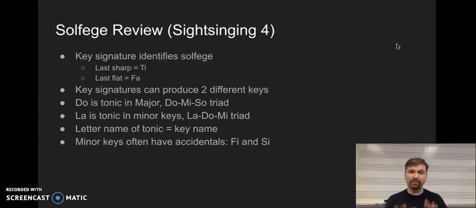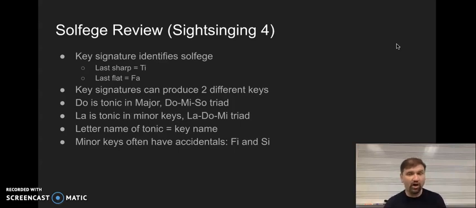It's important to remember that the letter name of the tonic is the letter name of the key. So for instance, if F is the tonic for a major key, then it's in the key of F major. Or if D is the tonic for a minor key, then it's in the key of D minor.